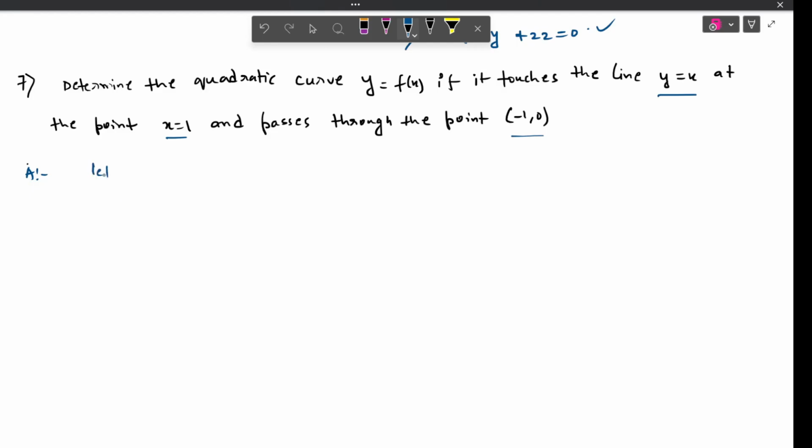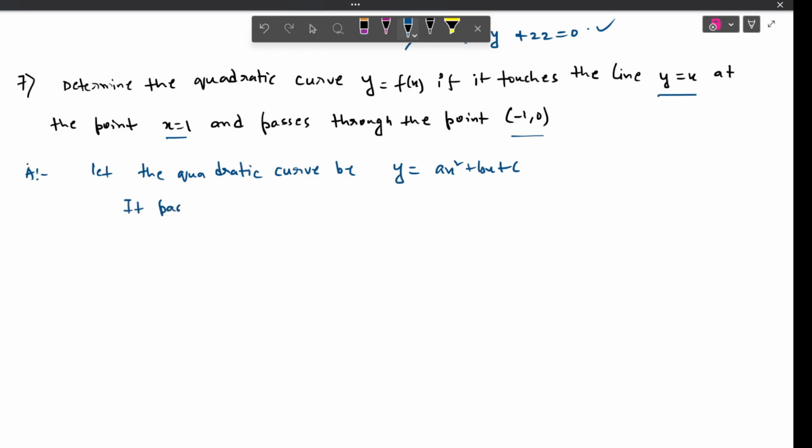So let the quadratic curve be y equals to ax square plus bx plus c, right? And it is given that it passes through minus 1 comma 0.